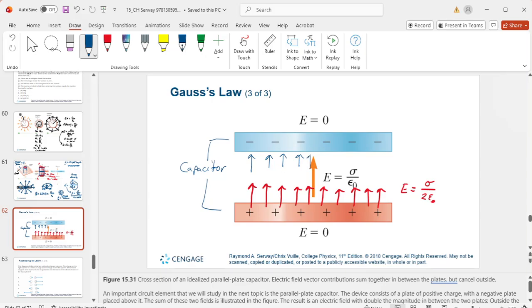And so remember, electric field lines can't cross, but they can merge. So basically, these field lines are now going to merge into one field.